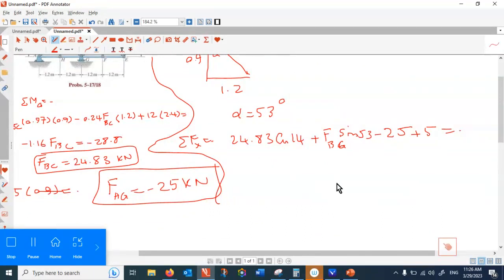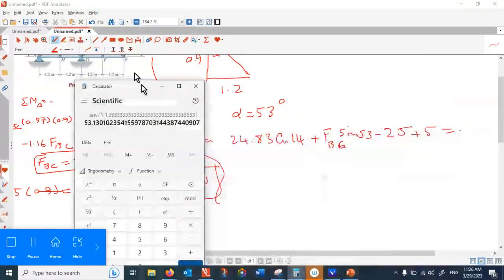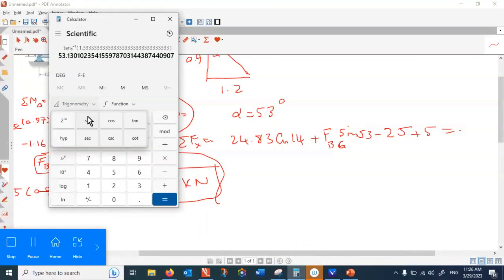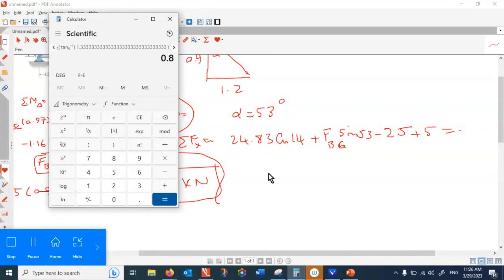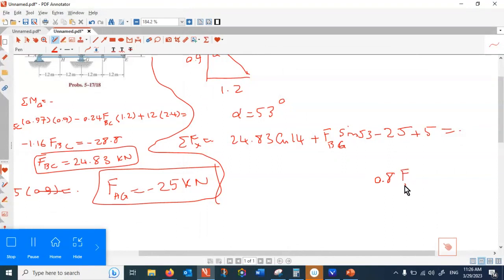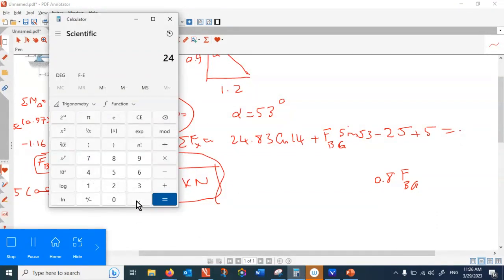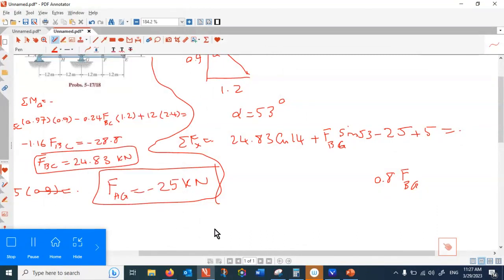So this has to be solved. 0.8. Okay, so 24.83 times cos 14 is 24.1, plus 0.8 FBG minus 20 is equal to 0.